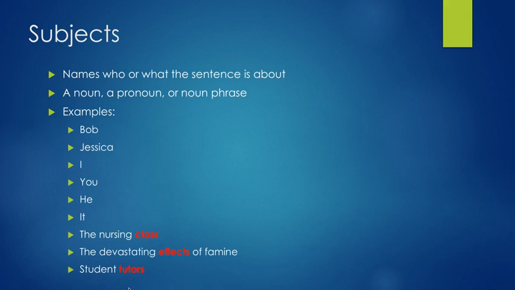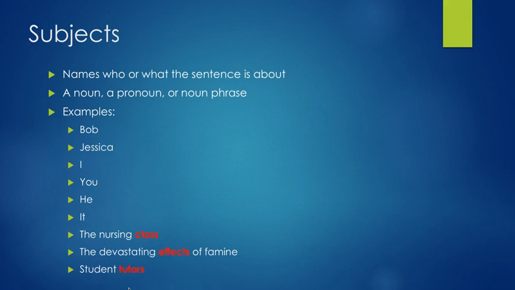Because if I walked into a college, for example, and I said, where's the class? Their first question would be, what class, right? So if you can narrow it down, you need to use those specifics. So oftentimes we put adjectives with nouns to try to help specify what we're talking about. The next one, the devastating effects of famine.